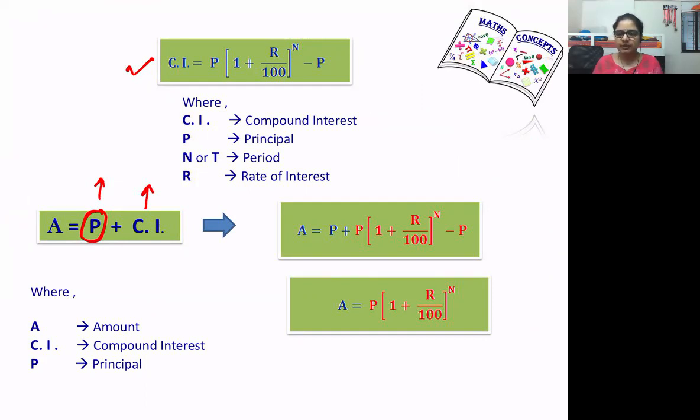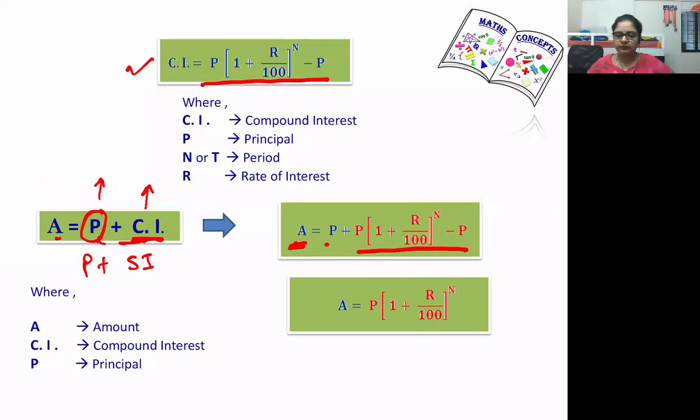If the lender says you have to give me compound interest, then amount will be principal plus compound interest. If the lender says you have to give me simple interest, then it will be P plus SI. Now I am putting the value of this compound interest here, so I can write A equal to P plus this compound interest value.